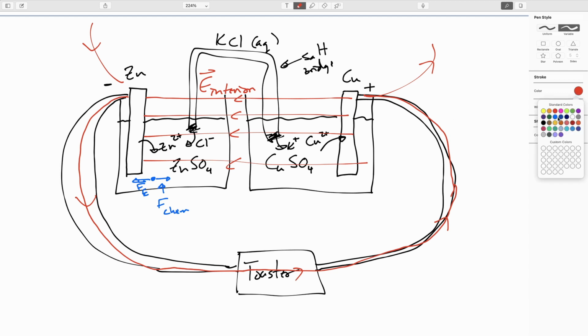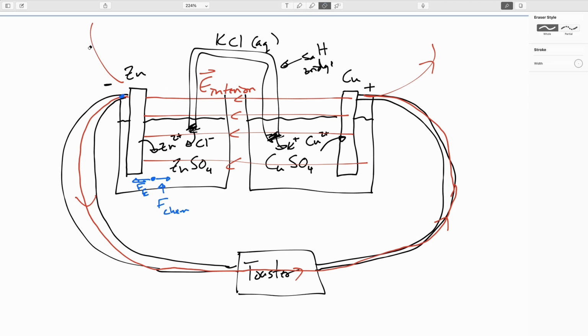Now, let's think about the electrons that are sitting right in the immediate vicinity here, like say just even on this plate. I've got my arrowheads running the wrong way again. Sorry about that. There we go.